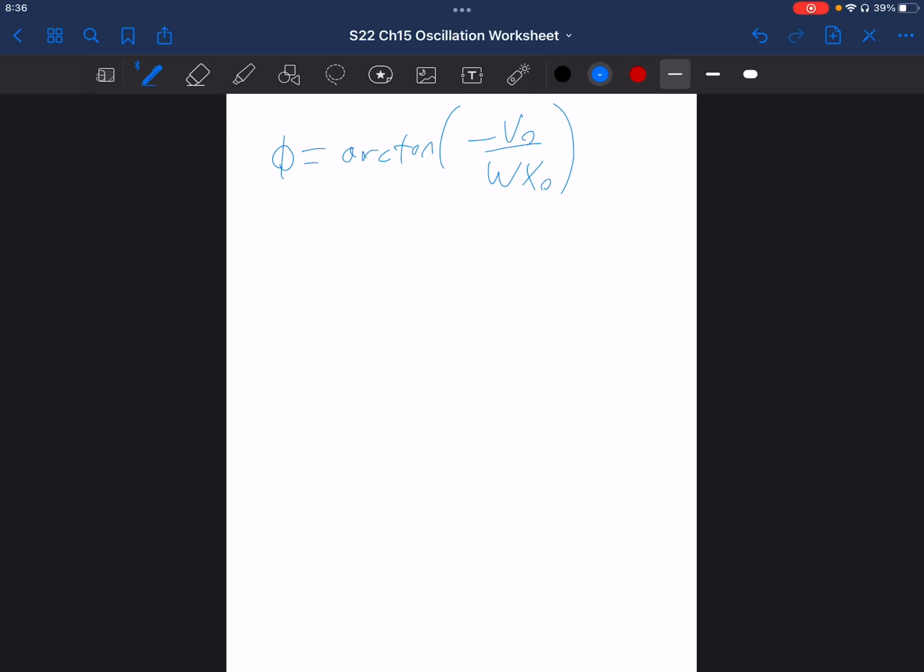And so now I have an equation where I can plug in. In this particular example, I have minus v naught with negative 12. Omega, I forget what it is, but it doesn't matter for right now because we're about to multiply it by 0, right? Our initial position was 0. So I'm dividing by 0 here, and so that's not a good situation to be in.